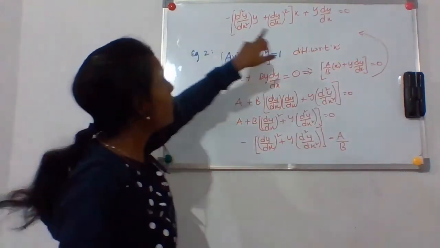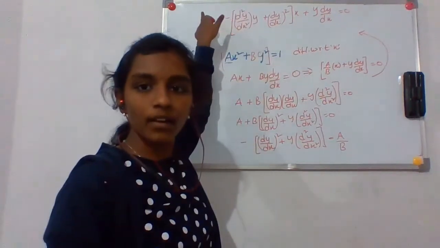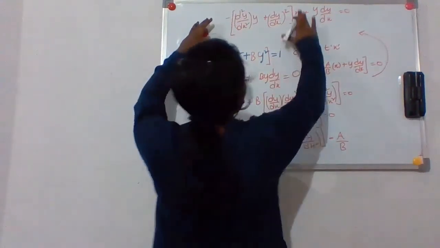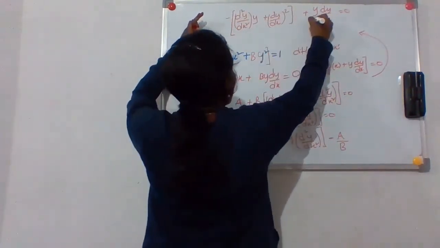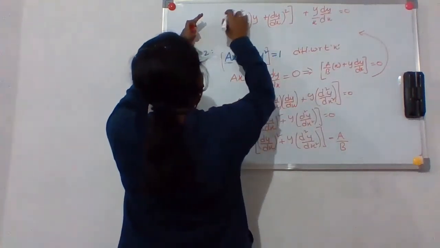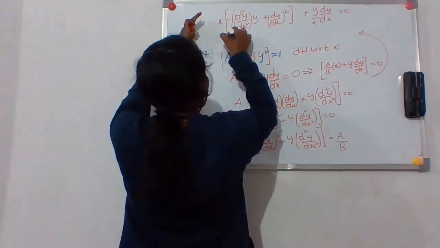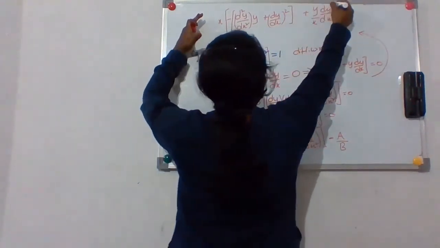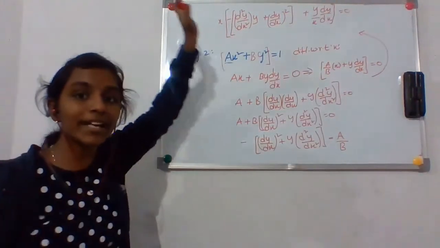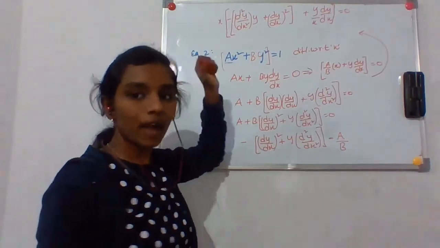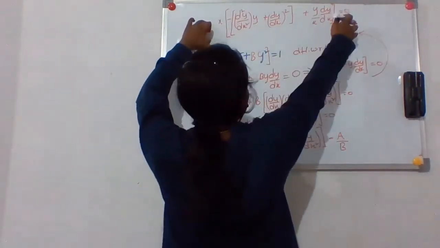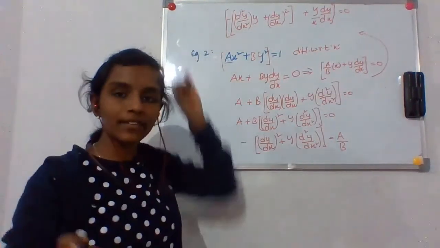Okay. Now if I take x as common, what will become? This x will come like this, and here I will have another x as common. Now, if I take this x to this side, this x will get removed.